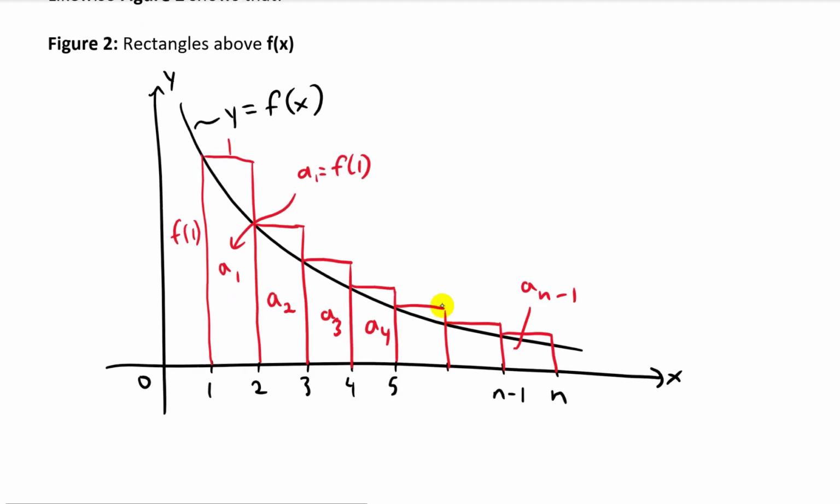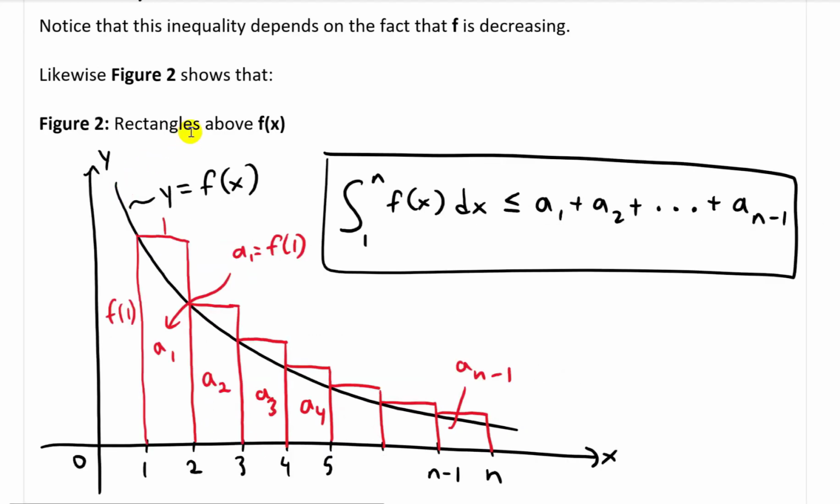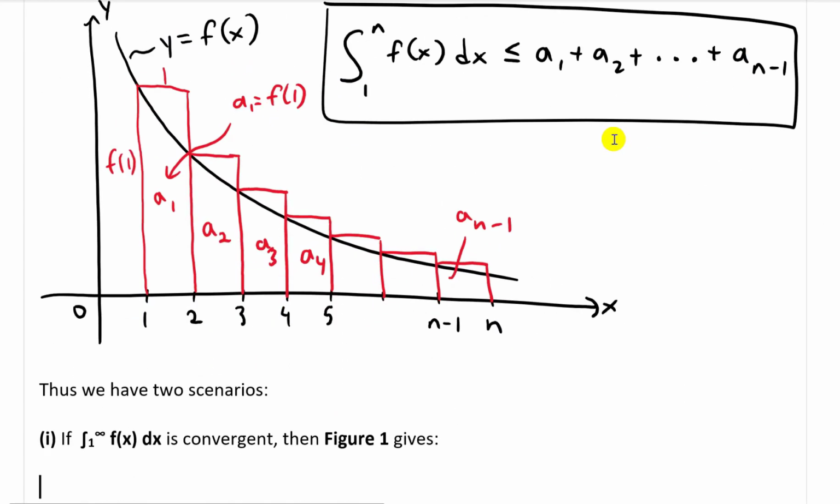So we have the integral from 1 to n of f of x dx, the area underneath the curve, is less than or equal to A1 plus A2 plus dot dot dot all the way to plus an minus 1. Now that we have written all this down, I just boxed it out as well.